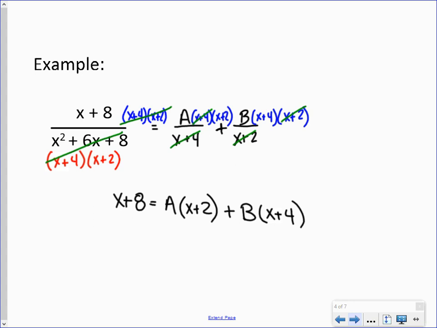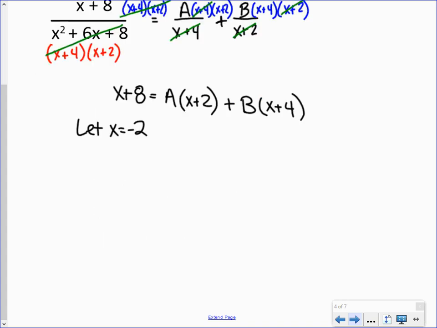And if you choose wisely, if you choose one of the zeros for the constants a or b, that's going to make that factor equal 0, and then a or b is going to be multiplied by that and equal 0. So I would start by letting x equal -2. So let x equal -2.